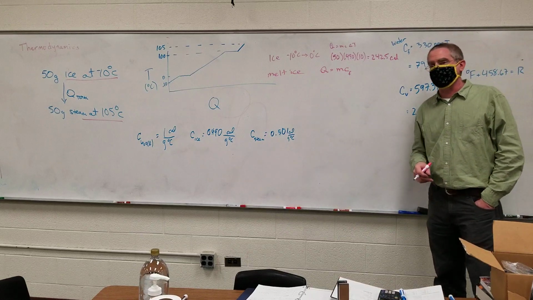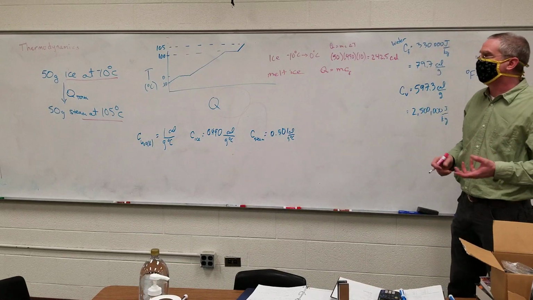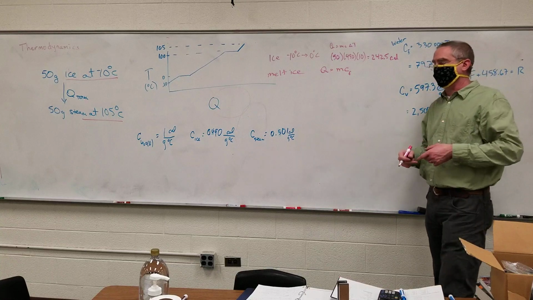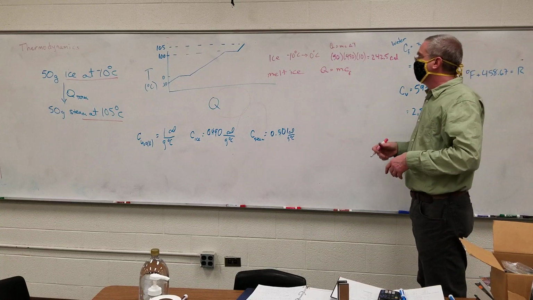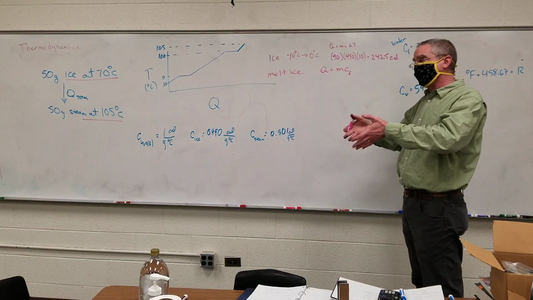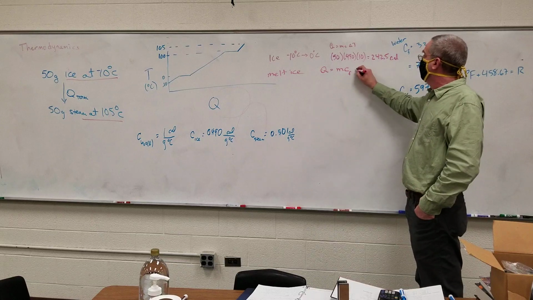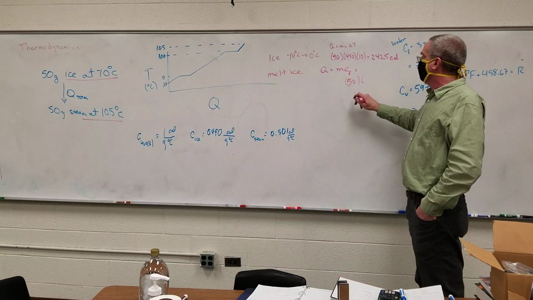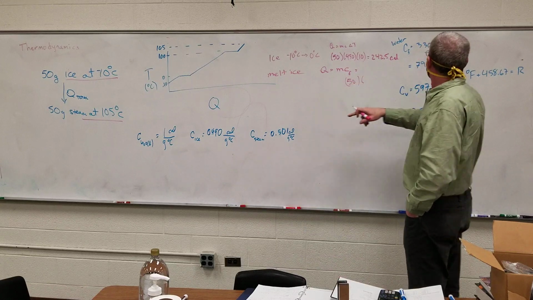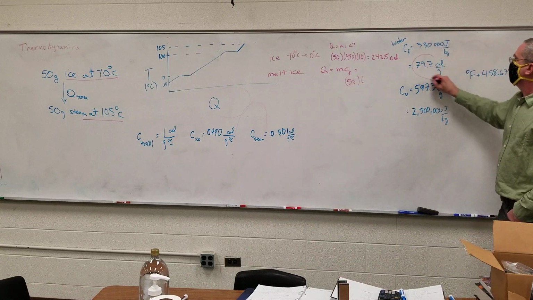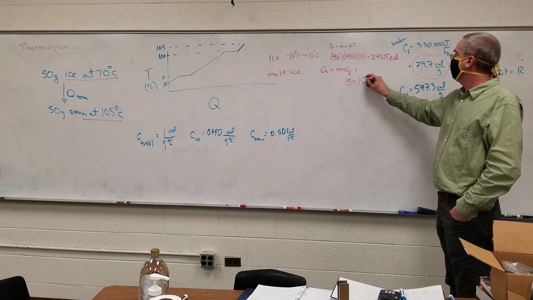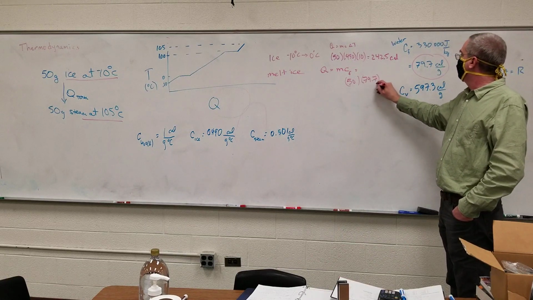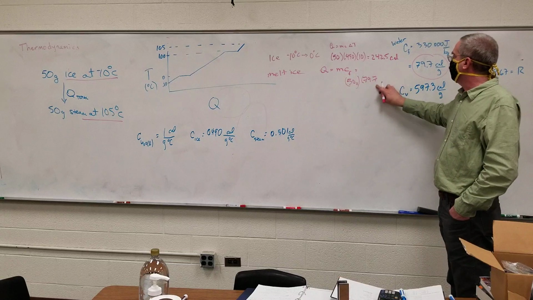Technically, we're doing the reverse of fusion, but it's the same number whichever way you're going, other than one's positive, one's negative. But I have to put energy in order to melt it, so it's going to be positive. So that'll be 50 times 79.7. That's 50 grams, and that's calories per gram.